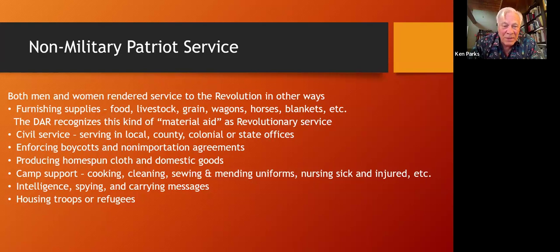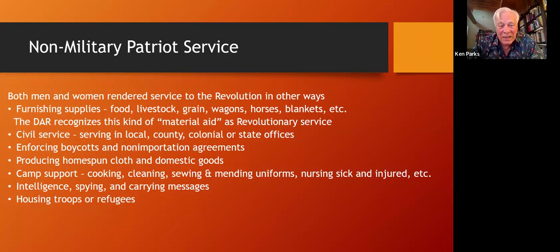I couldn't find them in my files, my wonderful filing system, but I have a couple of vouchers of Samuel Parks in Orange County, who died in 1788, and a son, John or James, I can't remember, both being reimbursed for providing food and livestock to the army. You remember the armies had to eat and have clothes.